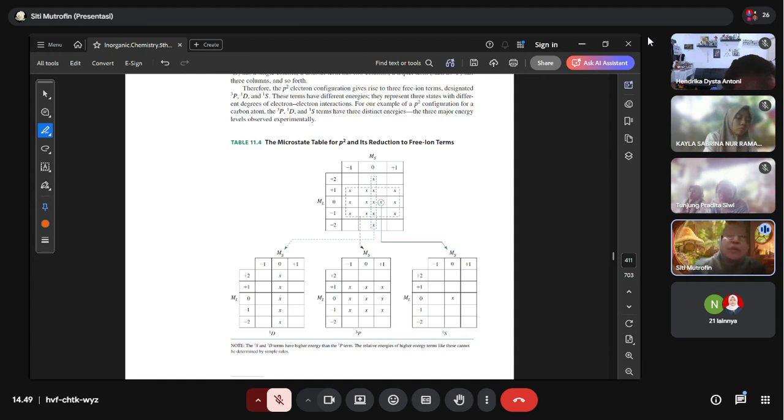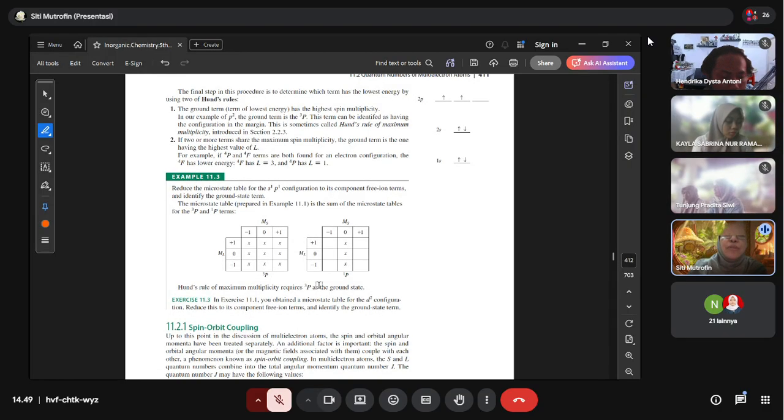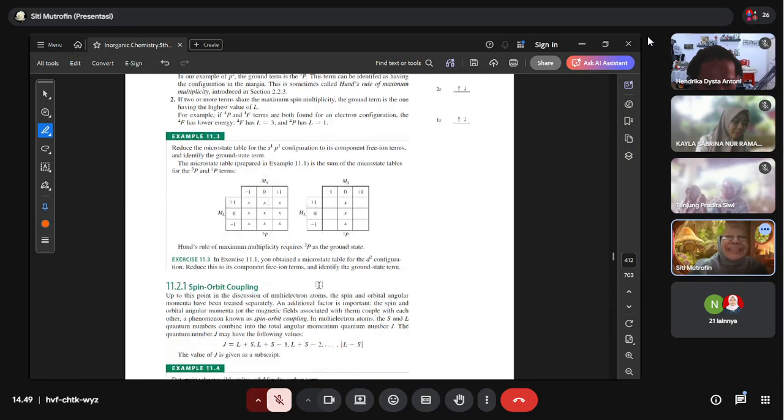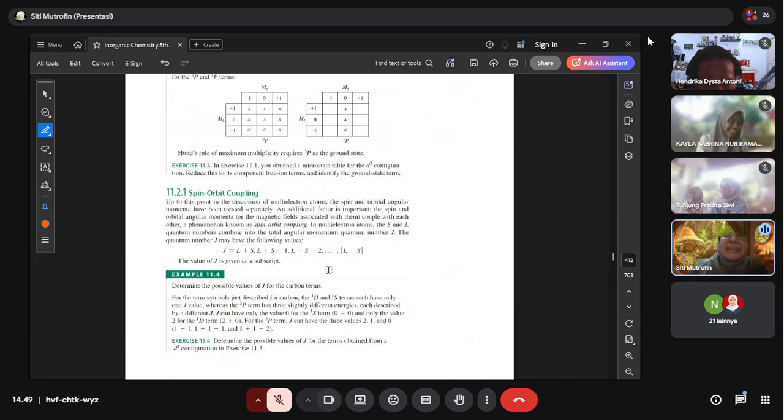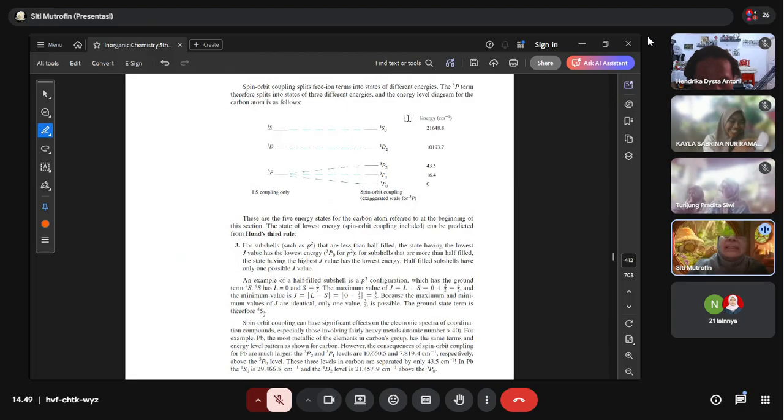Now, after you understand the meaning of each free ion term, we go to the fully one. How do we find out the J value? The full one is like that, Nak. Here, on the right hand, the 3P can be reduced into 3 levels, and then 1D, only 1 level, and 1S, 1 level.